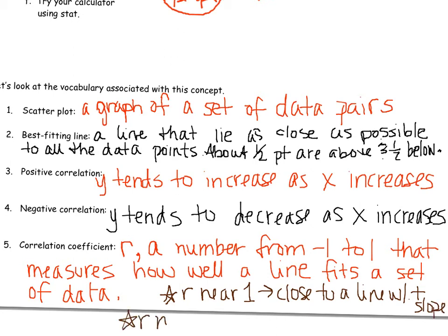And if R is near -1, that tells us it's close to a line with a negative slope. It's a negative sign right there. So turn the page over and we'll talk a little bit more about correlation coefficients.